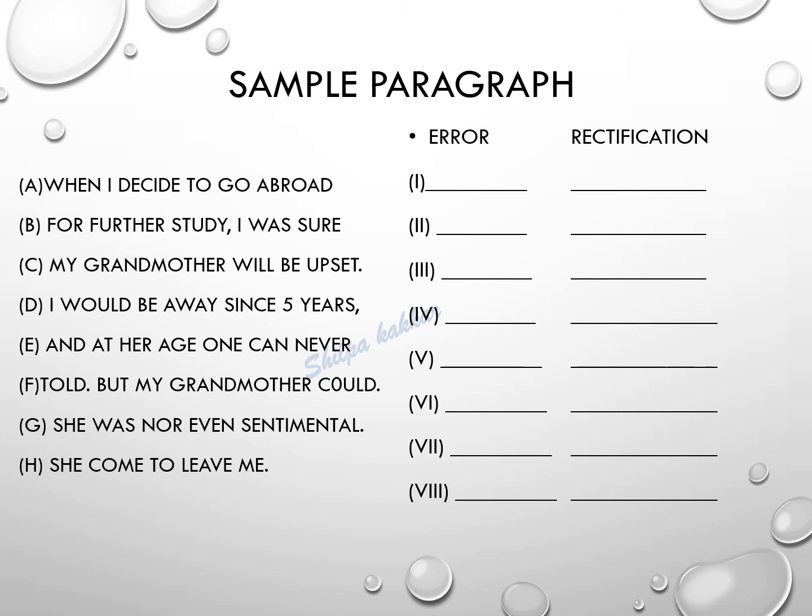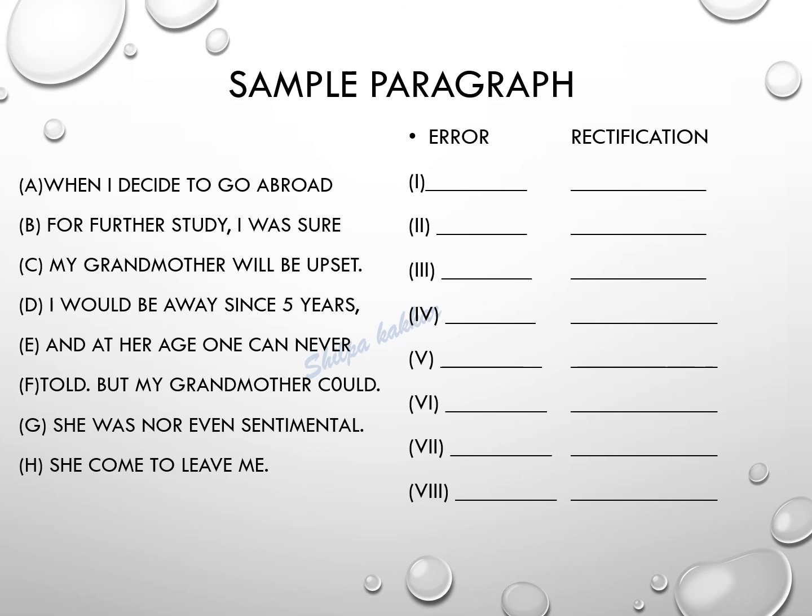Let me read the error paragraph. Alright, a paragraph with error. When I decide to go abroad for further study, I was sure my grandmother will be upset. I would be away since 5 years, and at her age one can never told.